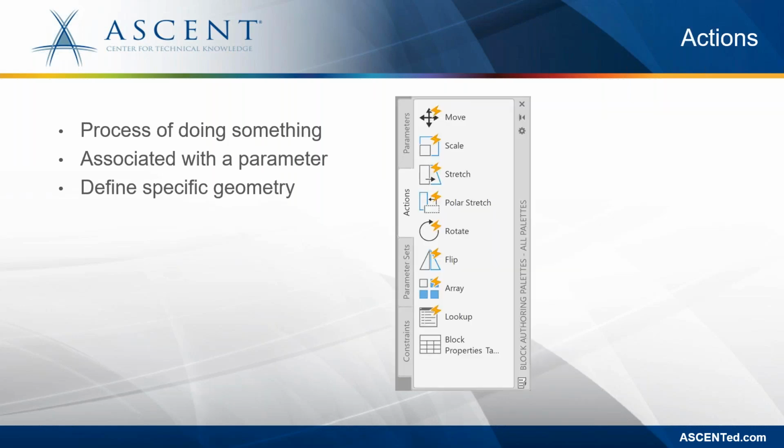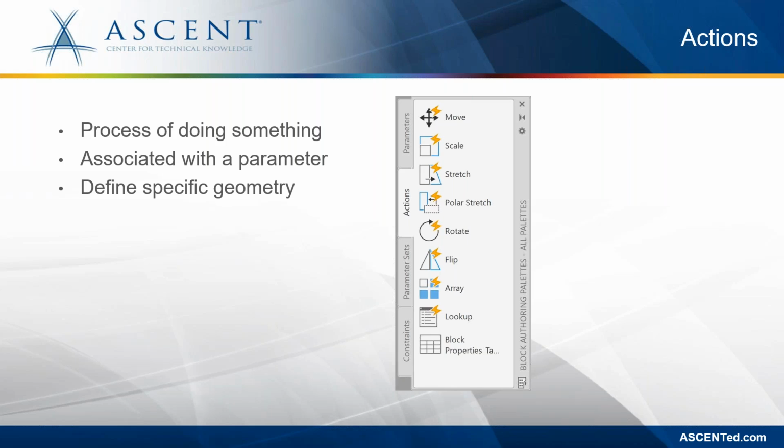Now, after the parameter has been set, an action, as I said before, needs to be added for it to work properly. Again, in most cases, parameter and action work in partnership. Let's define the action. The dictionary meaning of the word action is the process of doing something to achieve a certain goal.